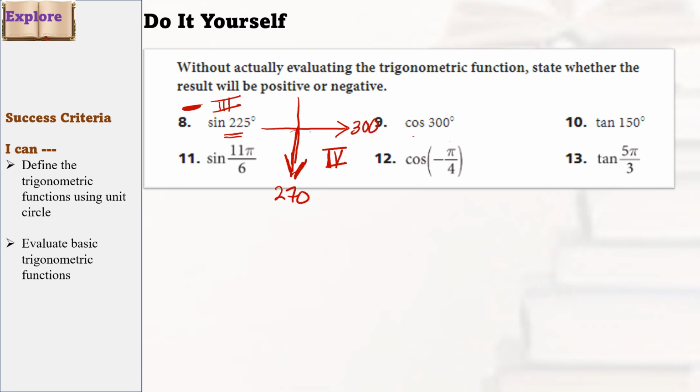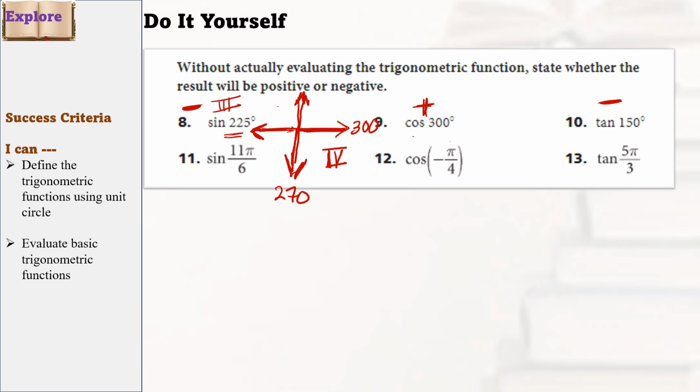Now cos means x value, and the x value is positive in the fourth quadrant. Now tangent 150. So 150 is in the second quadrant. In the second quadrant, cos is negative and sine is positive. So plus times minus is minus, so you will get a minus answer.